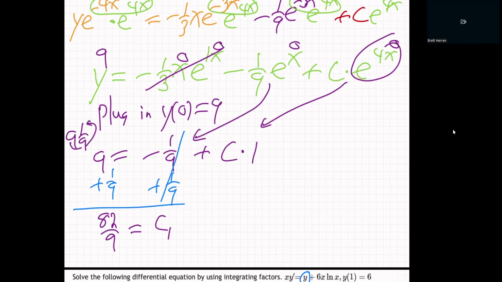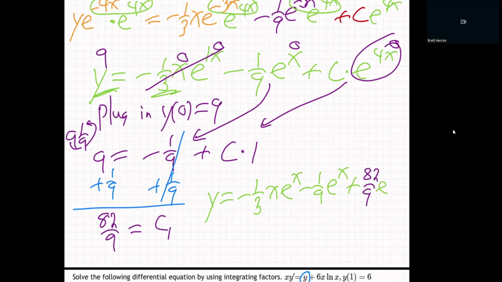So we have got our answer. It's y equals minus 1/3 x e to the x minus 1/9 e to the x plus the constant 82 ninths times e to the 4x.